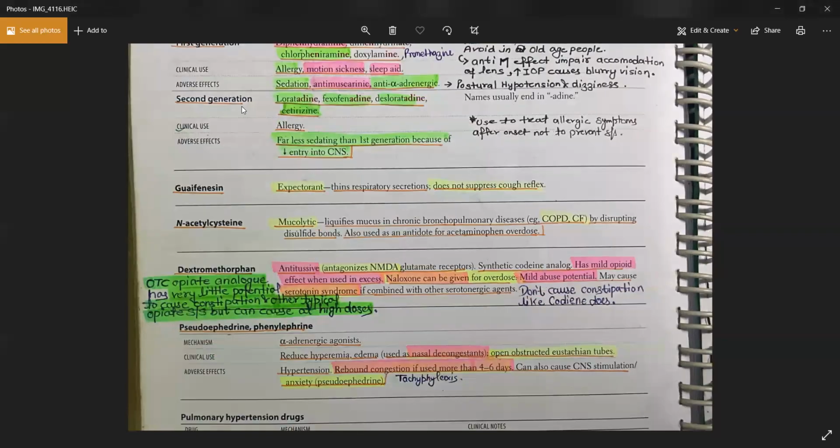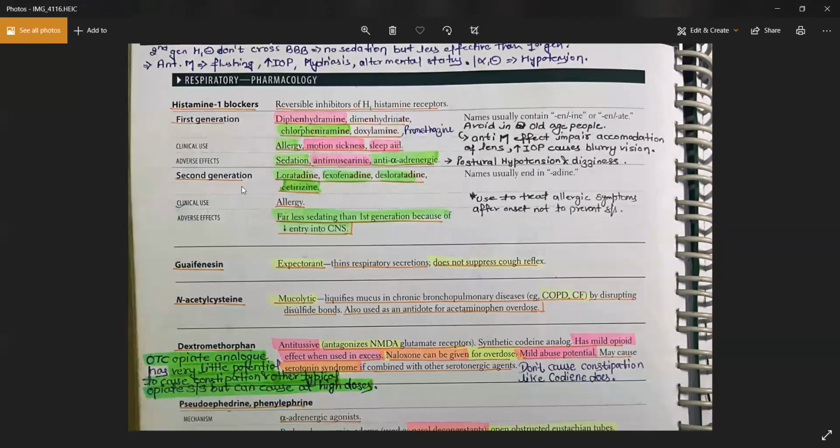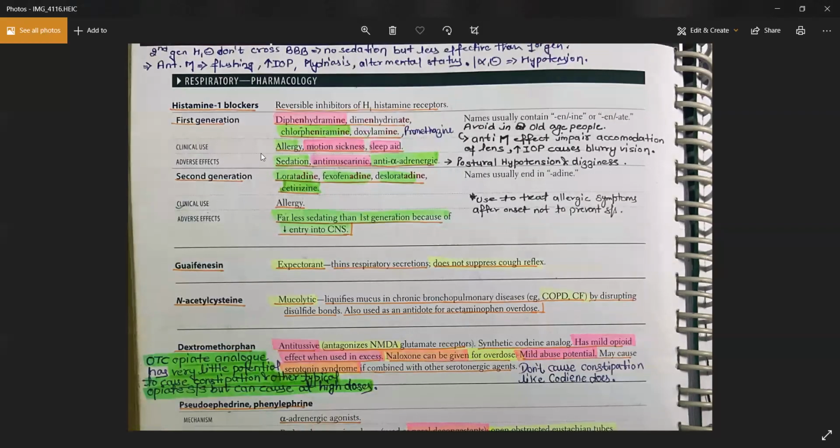So any doubt on the blockers? Do we need to remember drug names? See, diphenhydramine must be remembered. But you can just look at the ending. Of course, you have to remember the drug names because they won't give you a first generation blocker or second generation blocker.